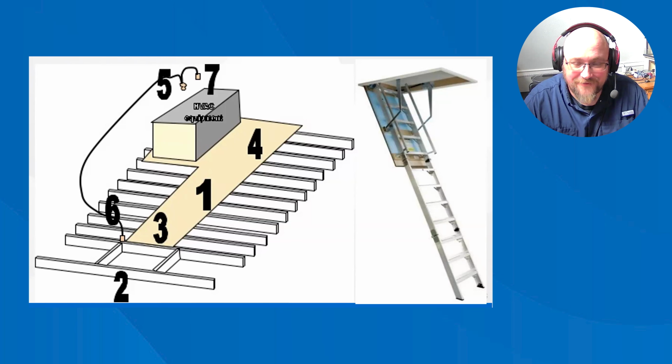One, because it is a failure point. There might still be electrical hooked up to it. There could be plumbing still hooked up to it. It's a place where animals can nest and hide, all those kinds of things. So anytime I see anything abandoned in attic and crawl spaces, I always recommend it be removed.